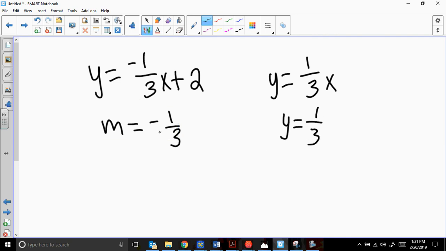They're not the same because one's negative and one's positive, so they're not parallel. They're not opposite reciprocals because, yes, they have different signs, but the fractions haven't been flipped. So in that case, that would make these neither.